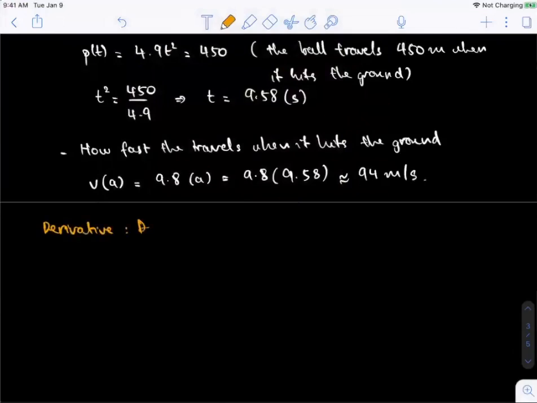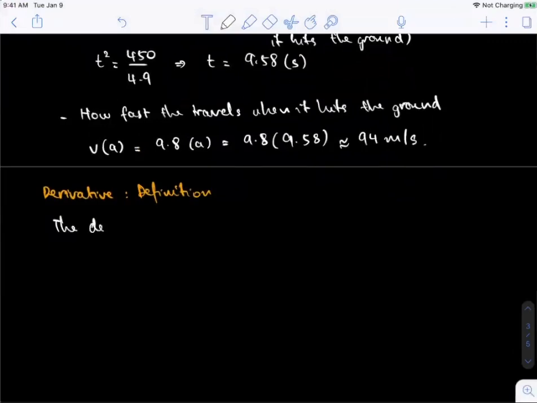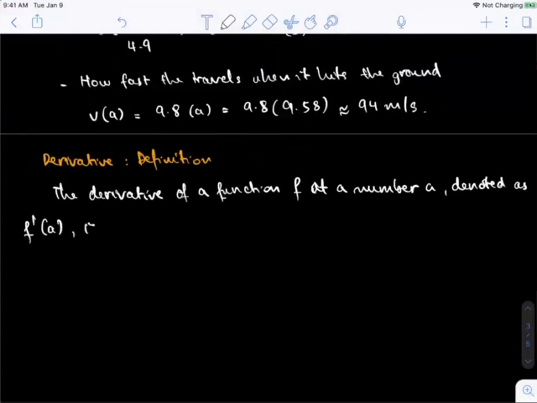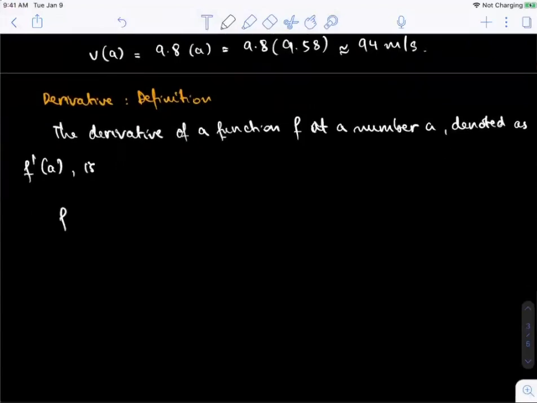In this case, I'm just going to give you a definition. So the derivative of a function at a number a, denoted as f prime of a, is the derivative of the function at a given point a.